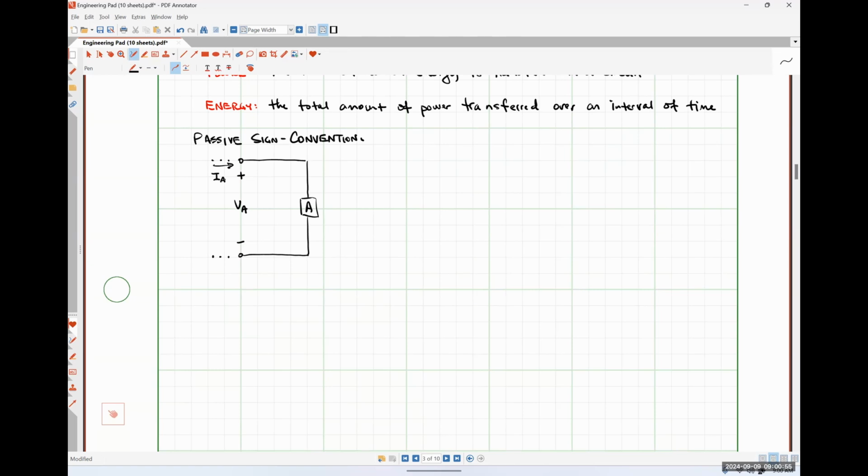So in this case, we could say that the power absorbed by element A is the product of VA and IA, and the power supplied by element A is just negative VA times IA. So supplied power is just the negative of absorbed power and vice versa.